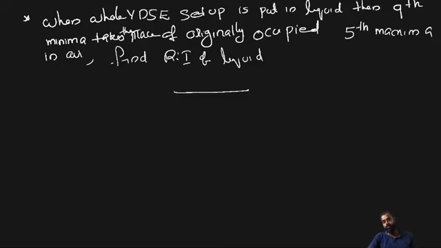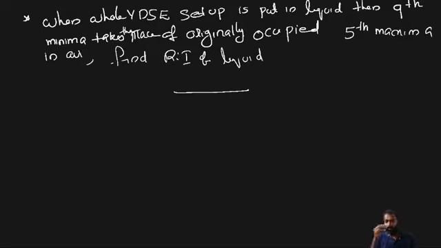I'll read the question. When the whole YDSE setup is put in a liquid, then the ninth minima takes the place of the originally occupied fifth maxima in air. Find the refractive index of the liquid. Here the whole setup is put in a liquid with unknown refractive index.